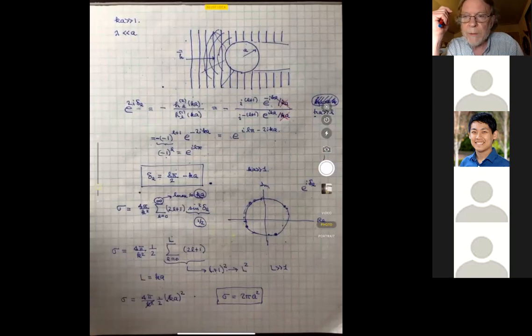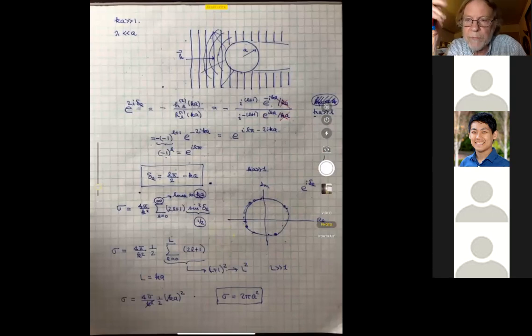Now, this is the opposite limit that we looked at before. This is a short wavelength limit, which ought to be the classical limit. But the classical cross-section for scattering from a hard sphere is the cross-sectional area, which is only pi a squared. So we were dismayed when the extreme quantum limit gave us an answer that was off by a factor of 2 from the classical result.